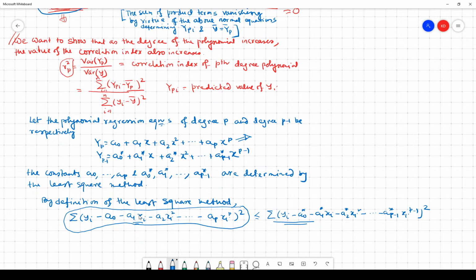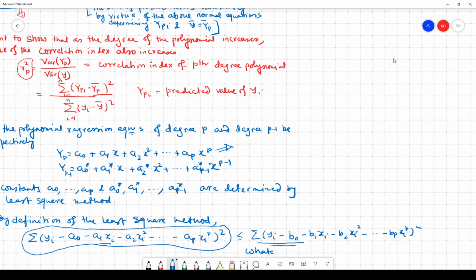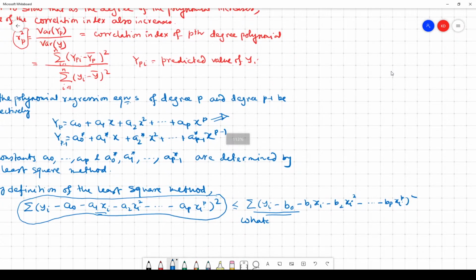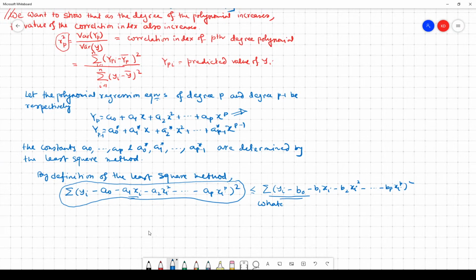If these are the least square estimators, then this is always true for whatever alternative set of constants bi.